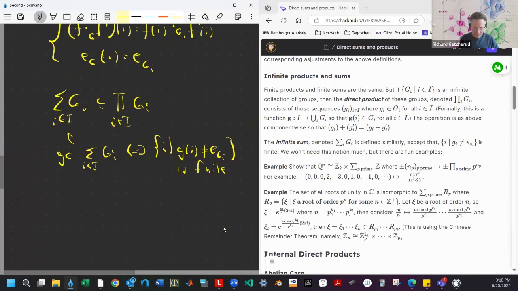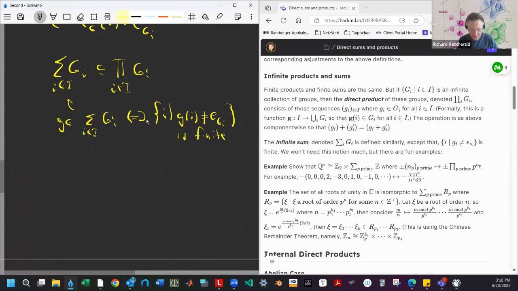So the only indices where this is not the identity element form a finite set. So really, when we're doing a sum of these things, in some sense it's only a finite sum.